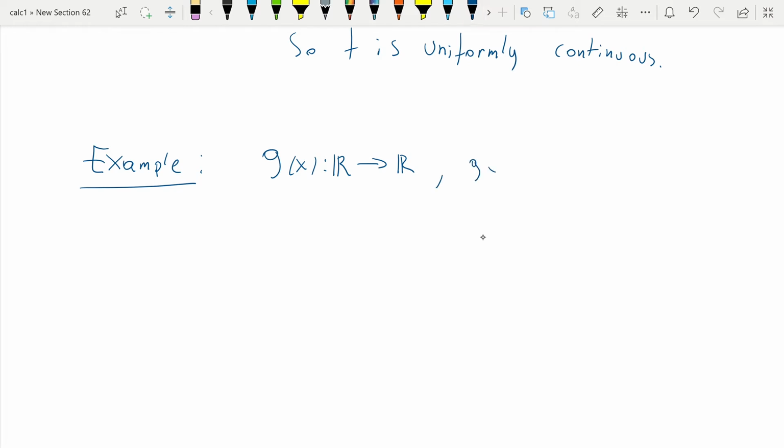So let g of x be x squared. So the function x squared, which is defined on the whole real line, will not be uniformly continuous.